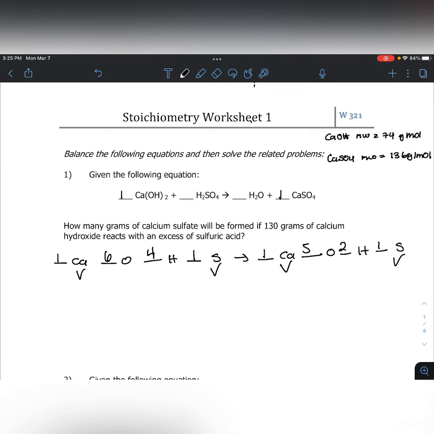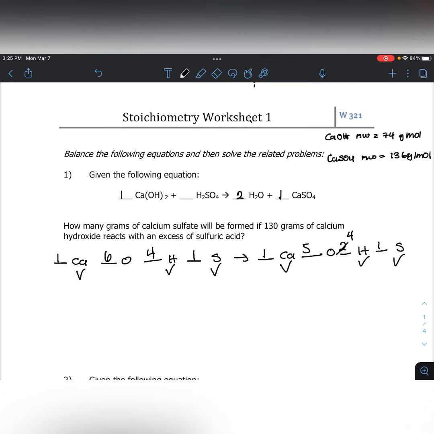So now we have to balance out the oxygen and the hydrogen. It seems we have 4 hydrogen on the left side, and we have 2 right here. So I'm just going to make this a 4 by putting a 2 here. If I put 2 here, that means the number of hydrogen is going to be 4, which looks good.